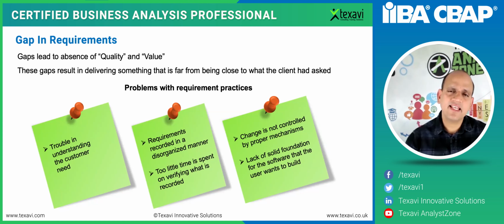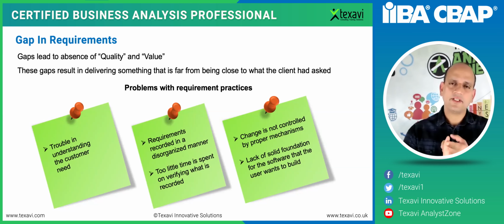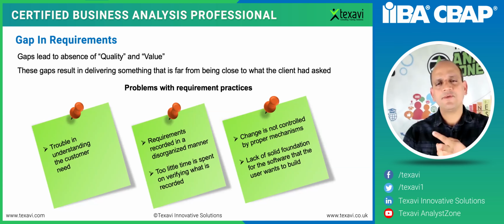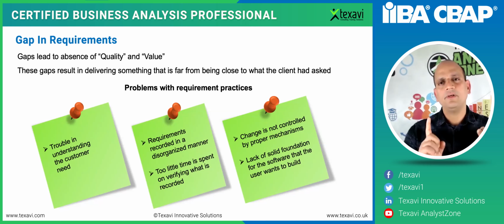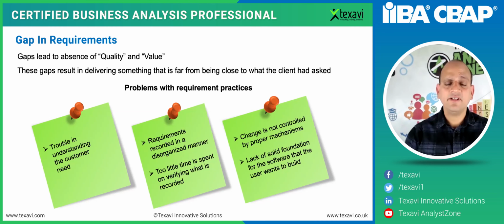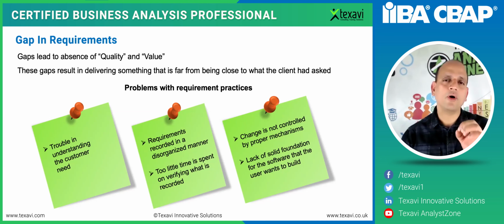About 76% of the projects fail because of requirements not communicated properly, requirements not captured properly, requirements not updated properly, requirements not specified in the right way. So it's all down to how you manage the requirements. And this is very, very significant. That tells you the importance of capturing, specifying, communicating, and maintaining the requirements the correct way.